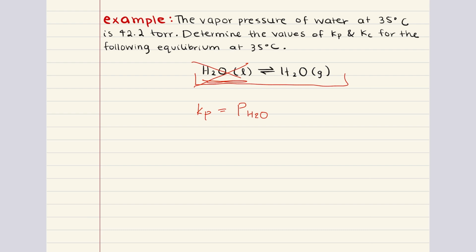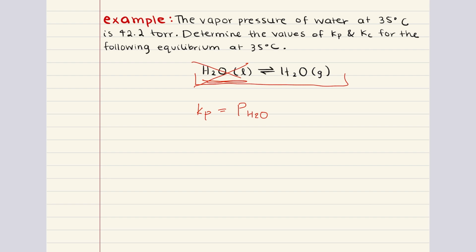Now that's the second important point I want to make here for Kp, for gas phase equilibrium. Kp values are determined from the partial pressures of gases expressed in units of atmosphere. So we have to convert what we're given in torr to atmosphere.